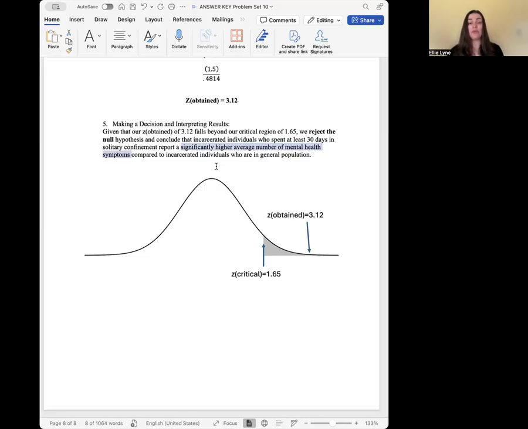And then we are also bringing in what our second group was compared to: incarcerated individuals who are in the general population. So not only are we acknowledging both of our groups, a two-sample test, we're also acknowledging the fact that this was a mean, higher average number of mental health symptoms, and we're pulling in our ultimate call here that we rejected the null hypothesis.